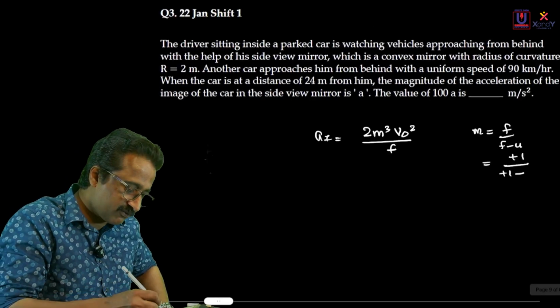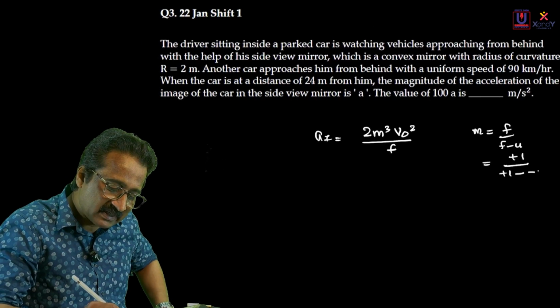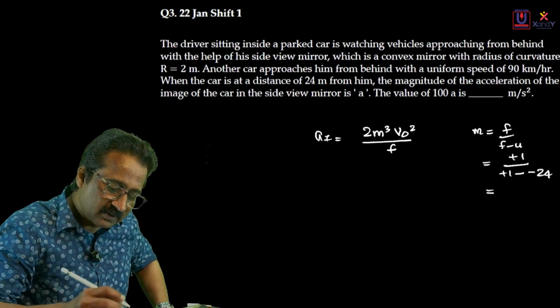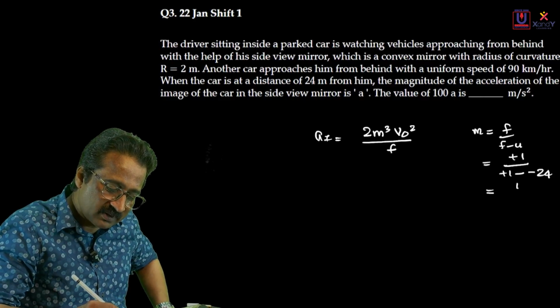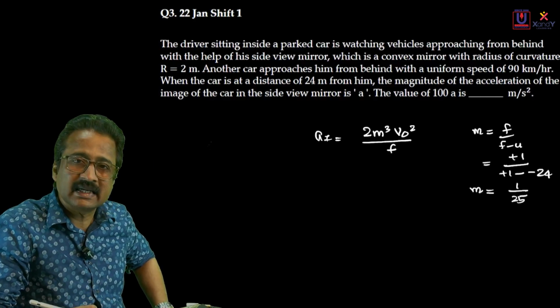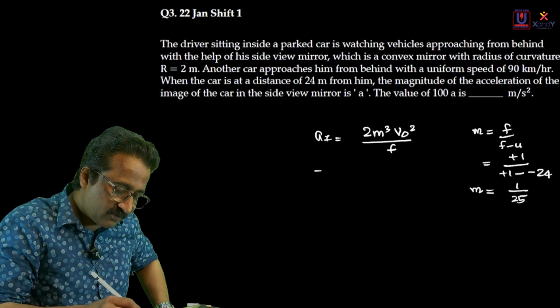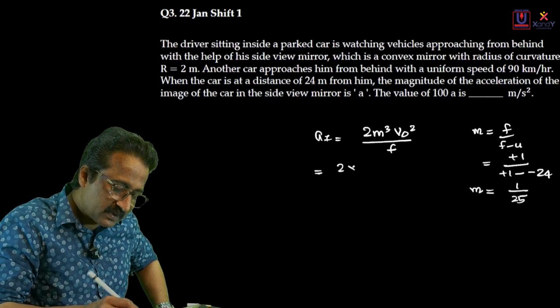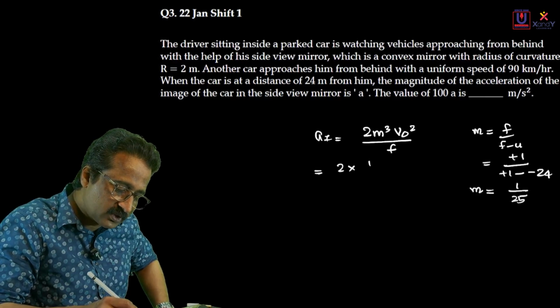So u must be considered as minus of 24. So m here, the linear magnification produced by the mirror, at least at this moment, is 1 by 25. So that is m. Let me give values now. 2 into m cubed. M cubed is 1 by 25 cubed, that into.